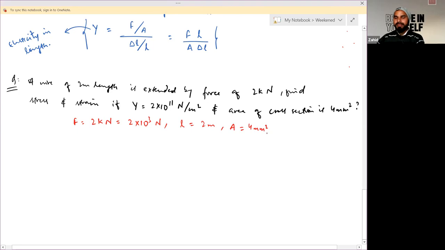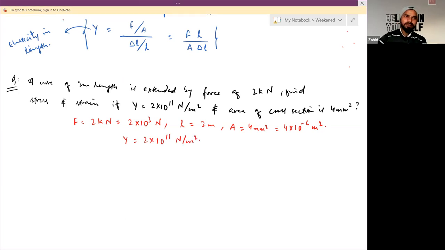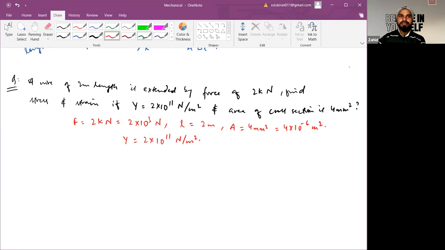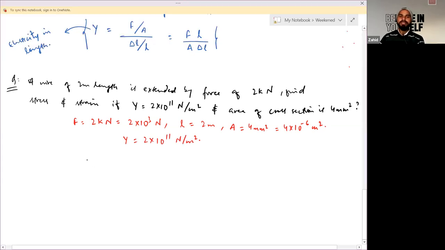We have mm square, so to convert it to meter, just multiply it by 10 to the power minus 6, so it will be in terms of meter square. Now the next term is Young's modulus, 2 into 10 to the power 11 Newton per meter square. Now apply the above formula and try to find stress and strain related to these given quantities.